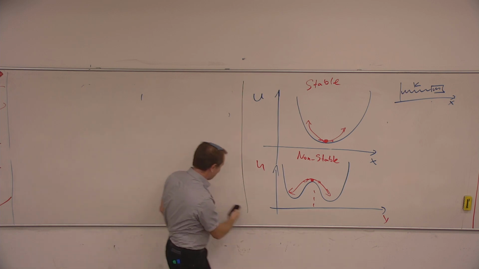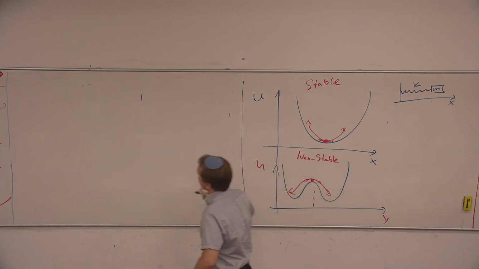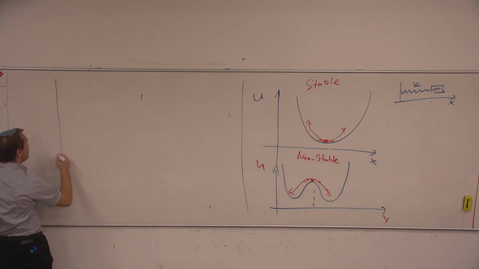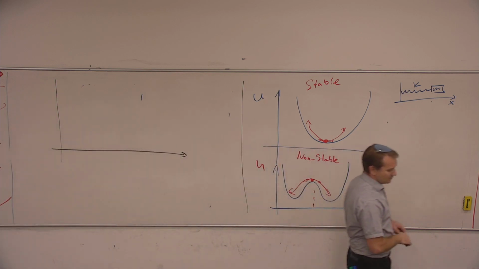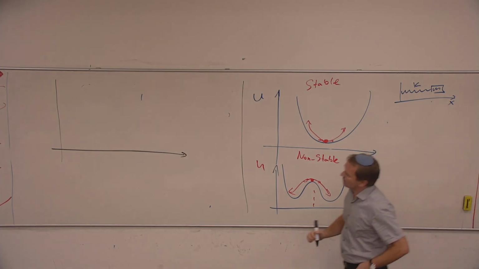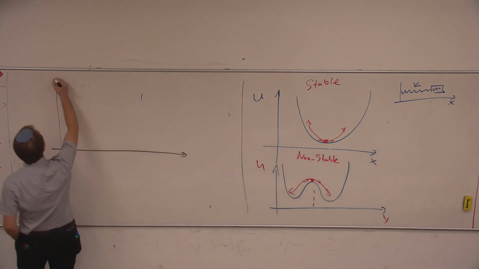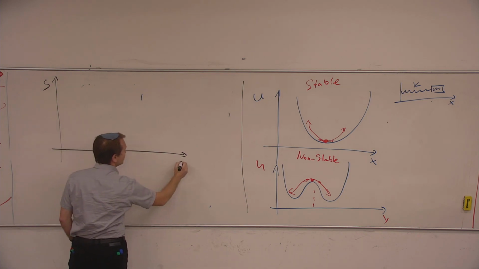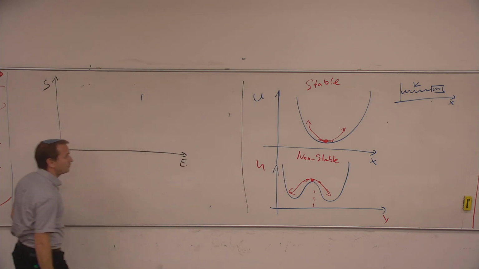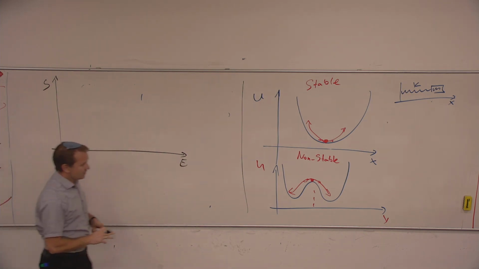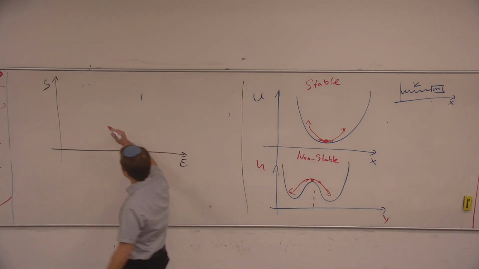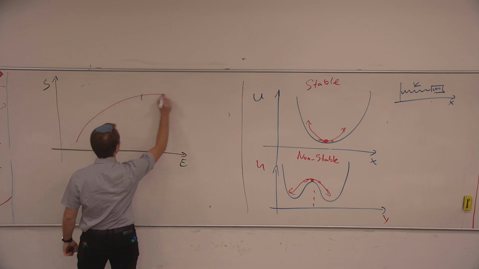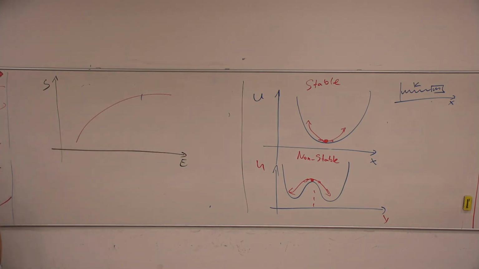So what happened to concave and convex functions? What we have shown is that if we plot S as a function of our energy E, the behavior of S has to be concave.